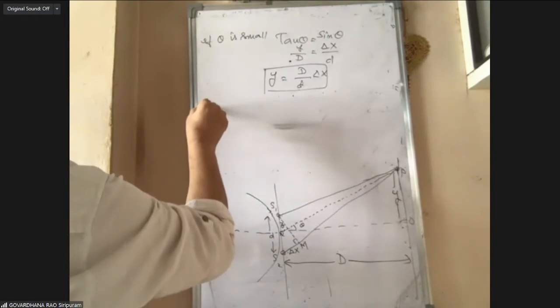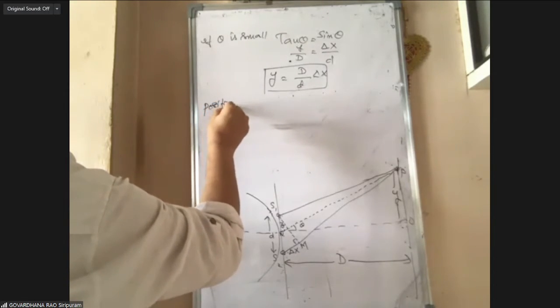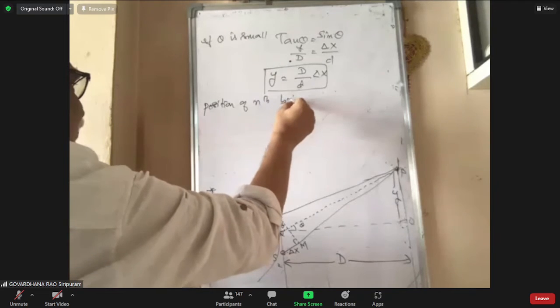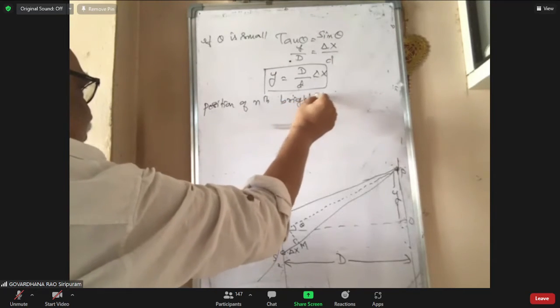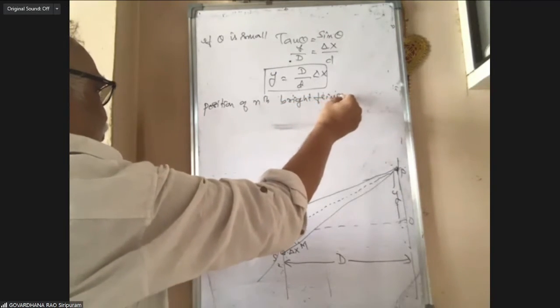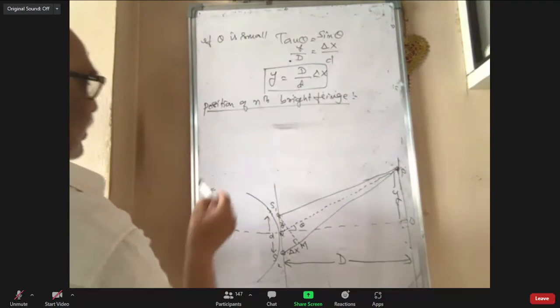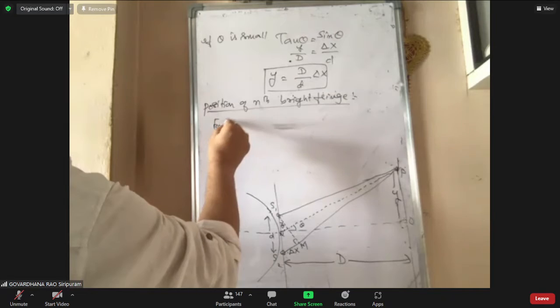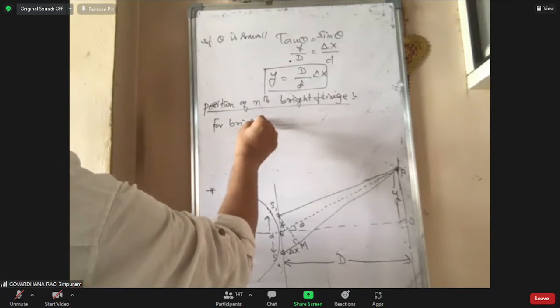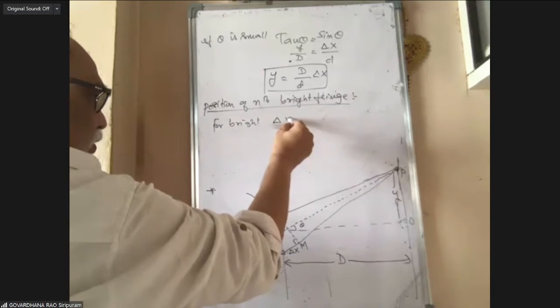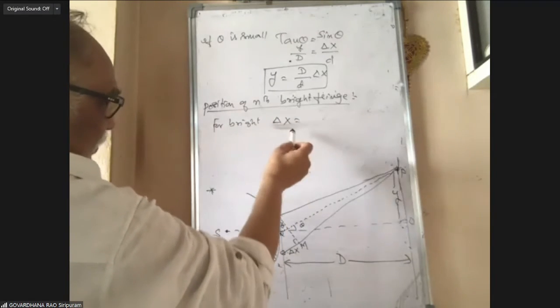Now the position of the nth bright fringe. For bright, that is constructive interference, what is delta x?